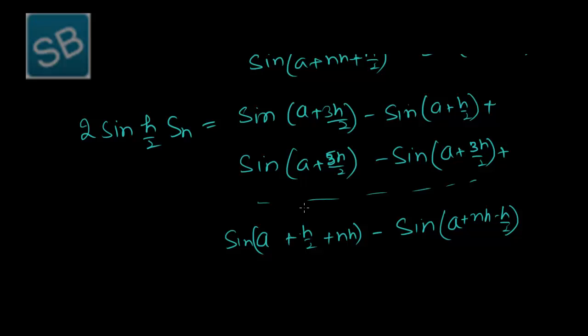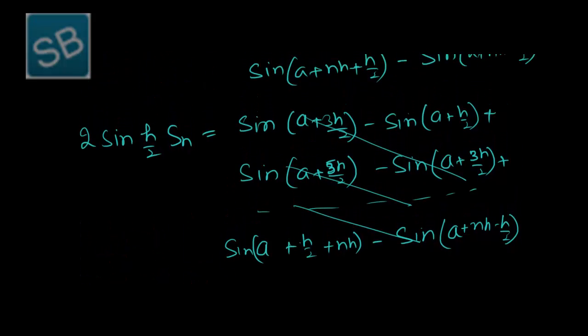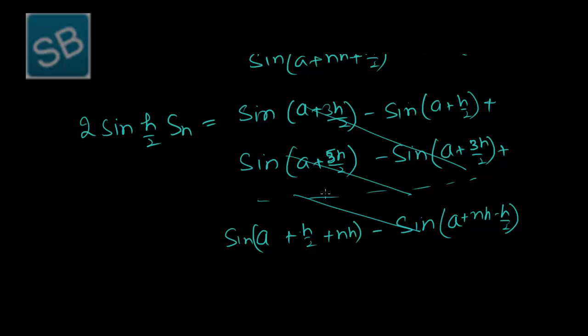So if we see from here, the terms cancel out. This will be cancelled out by this, and we will get only two terms. Now you can understand why we write in this manner. What is the main reason? By this we can get the result very easily.